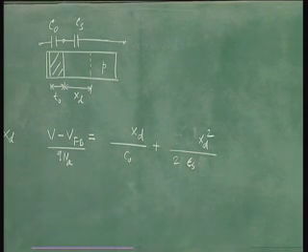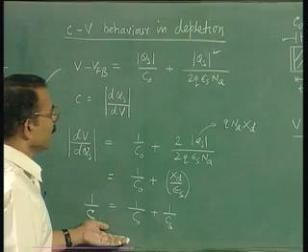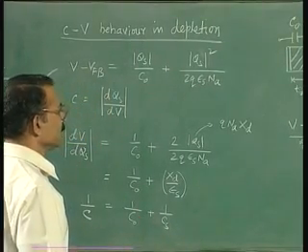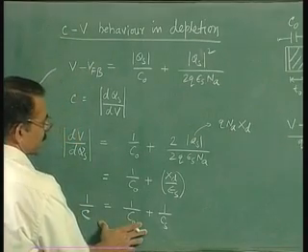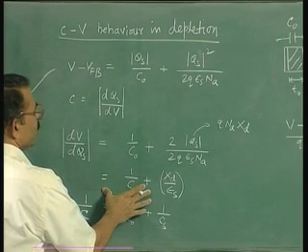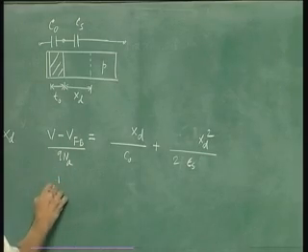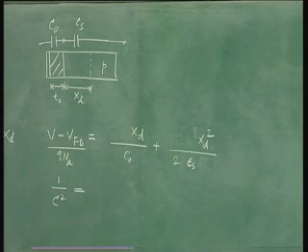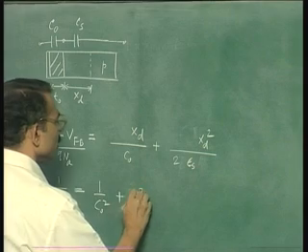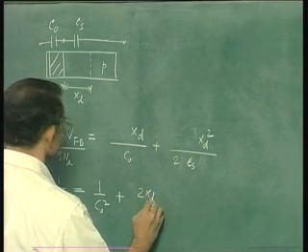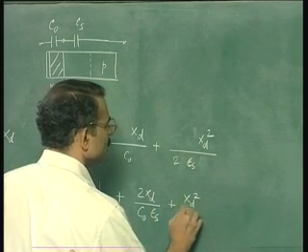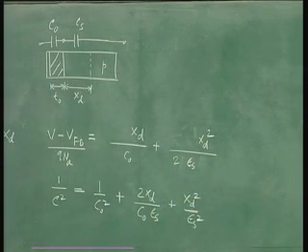Now you look at this and try to express Cs as a function of Xd in a simple way as follows. Supposing you square this equation, then you will get 1 by C square is equal to 1 by C0 square plus 2 Xd by C0 epsilon S plus Xd square by epsilon S square.